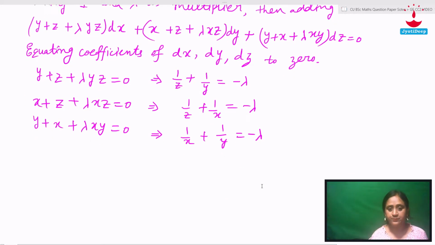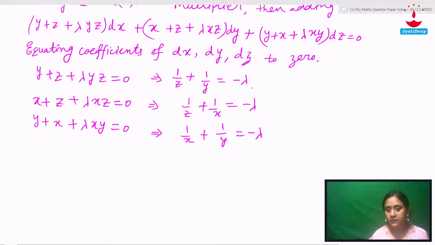Okay, now all these terms are equal to minus lambda, so 1 upon x plus 1 upon y is equal to 1 upon z plus 1 upon x is equal to 1 upon z plus 1 upon y.